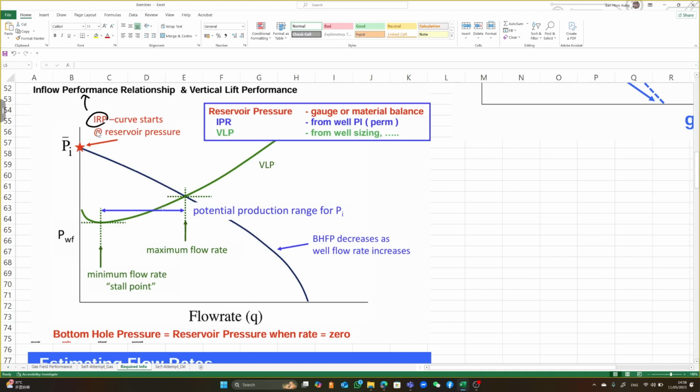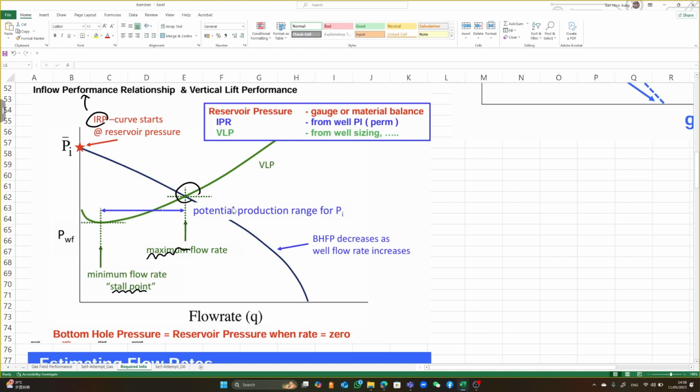The point where these two curves intersect is the point where we will have the maximum flow rate. And the point at the bottom of this vertical lift performance curve, the green curve, is where we will have the minimum flow rate, otherwise known as a stall point.